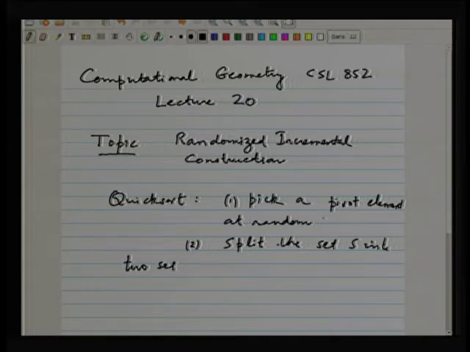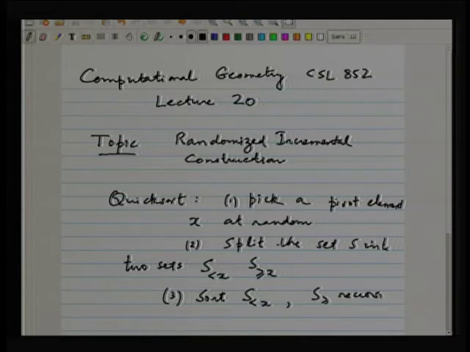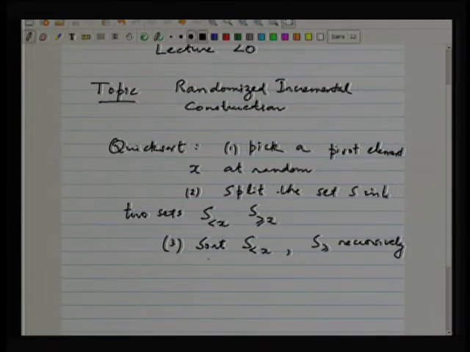So, let us call this pivot element X, two sets S less than X and S greater than or equal to X, and then sort them recursively using the same method. That is, again, within each of these sets you pick a pivot element and then continue.